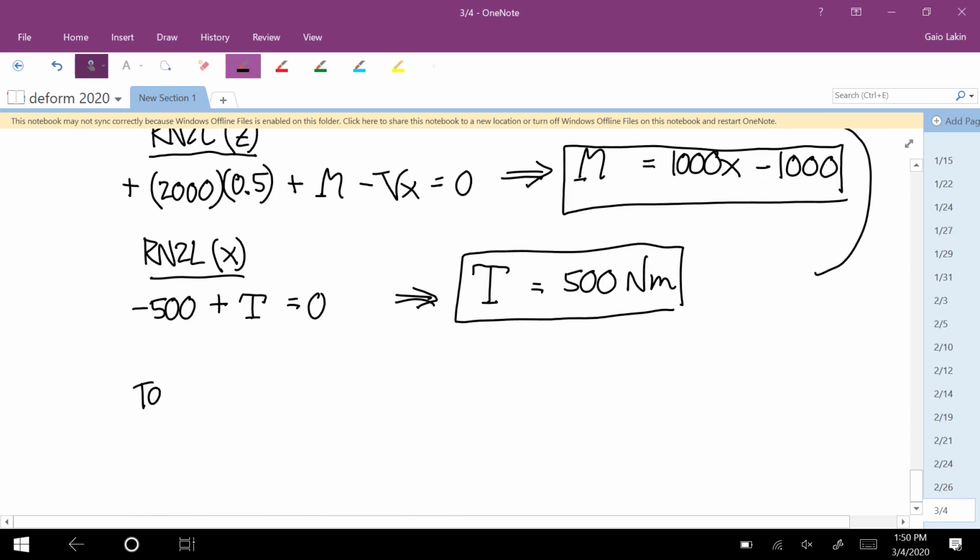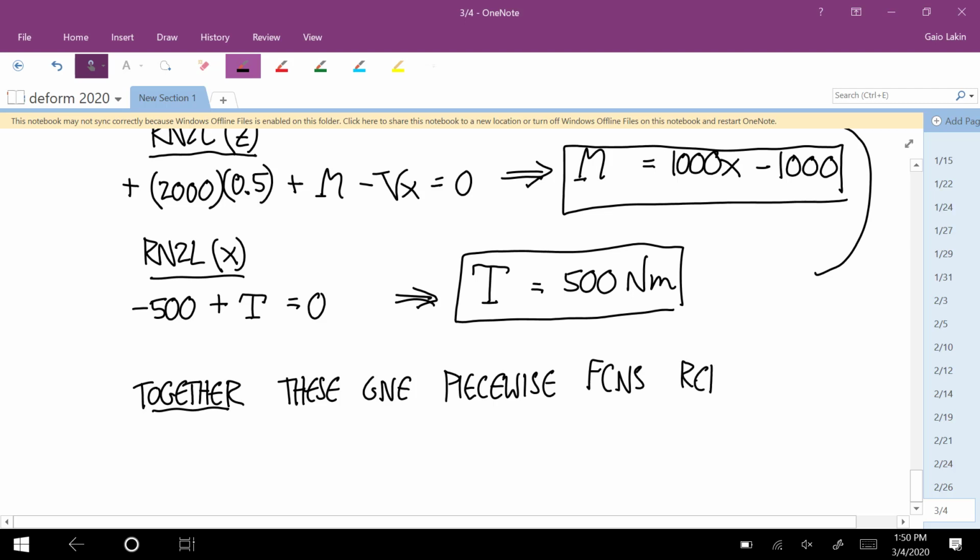So these give piecewise functions representing T, V, M, and fancy T along the entire beam.